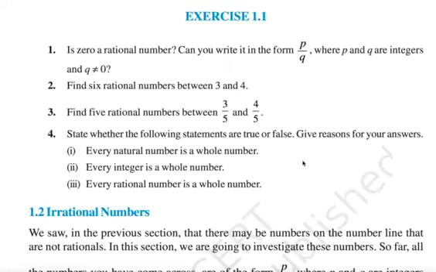Then 22 by 7, 23 by 7, 24 by 7, 25 by 7, 26 by 7, 27 by 7 are those 6 rational numbers between 3 and 4.